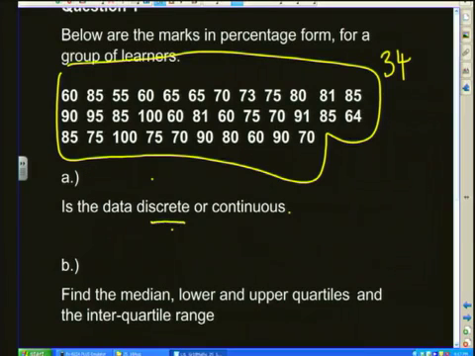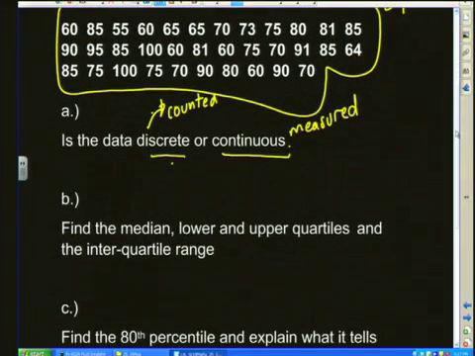Part A: is it discrete or continuous? Remember, discrete data can be counted and continuous data has to be measured. Here we can clearly count the data, so our answer is discrete data.